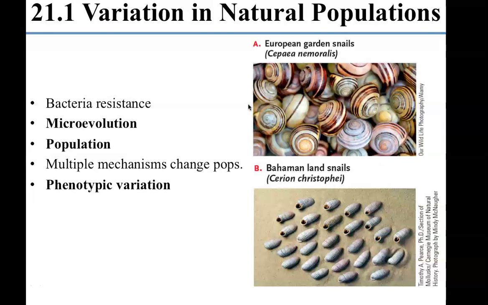For today, let's begin at the beginning of the chapter by talking about some topics that often come up when we talk about evolution. One is resistance. Bacteria are really good, as we talked about earlier this semester, at swapping genes and plasmids, creating genetic variation by loosely trading sections of DNA.